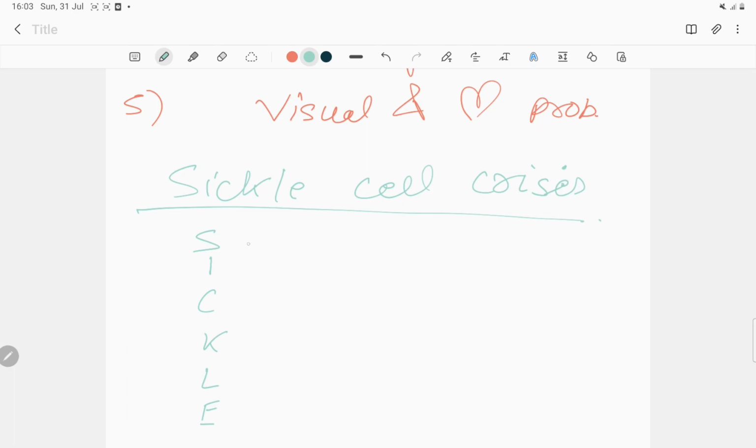It's a mnemonic, SICKLE. S means significant blood loss during surgery or trauma. I, when there is chronic illness. C, when there is climbing or flying to high altitude. K is for keeping continued stress. L, low fluid intake, meaning dehydration. And E is elevated temperature. So all are predisposing conditions for sickle cell crisis.